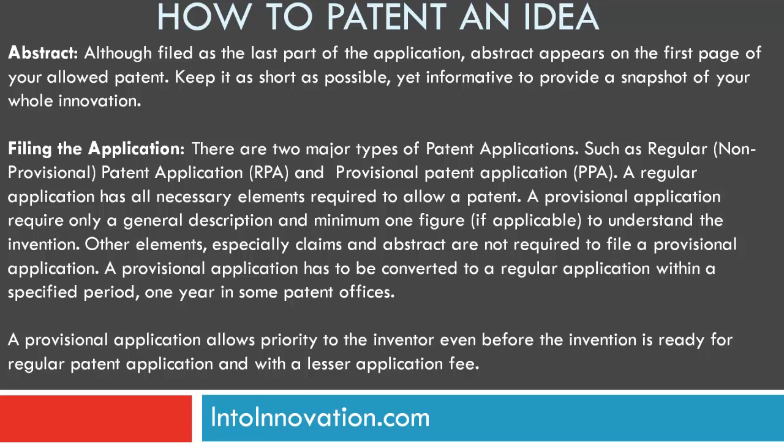Other elements, especially claims and abstract, are not required to file a provisional application. A provisional application has to be converted to a regular application within a specified period, 1 year in some patent offices. A provisional application allows priority to the inventor even before the invention is ready for a regular patent application and with a lesser application fee.